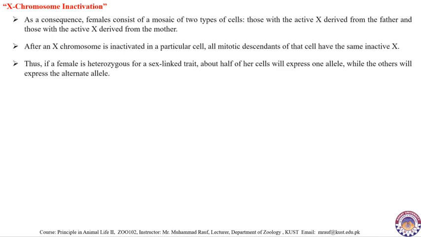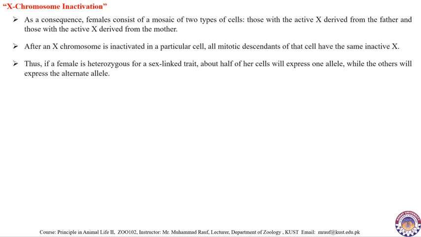Thus, if a female is heterozygous for a sex-linked trait, about half of her cells will express one allele while the other half will express the alternative allele. Suppose there is a sex-linked trait that is dominant, meaning if only one copy is defective, then it is expressed. But now the female has one X chromosome inactivated.